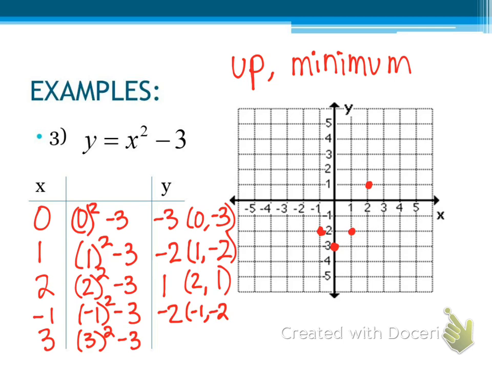Minus 3 is 6. So somebody was just jumping ahead. 3 comma 6. So this one will just barely fit on our graph. We'd go right 3 and then up to the very top of our graph at 6.